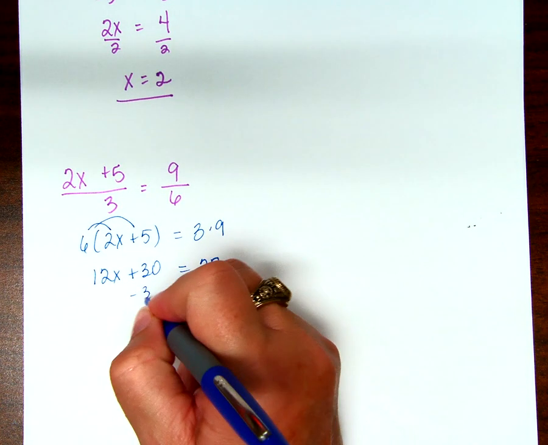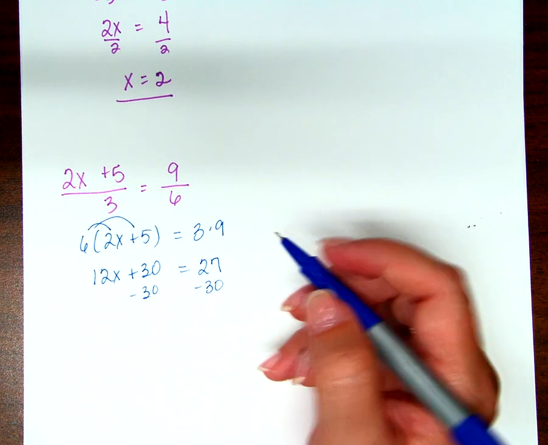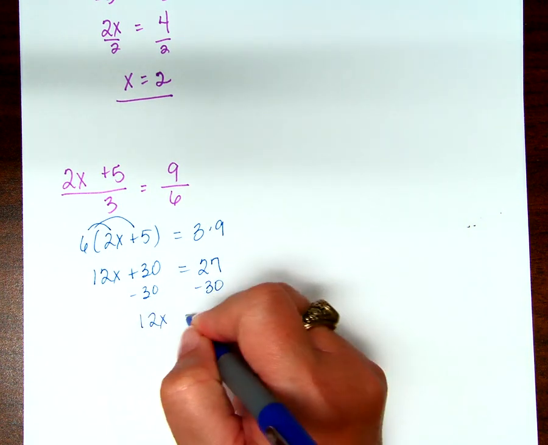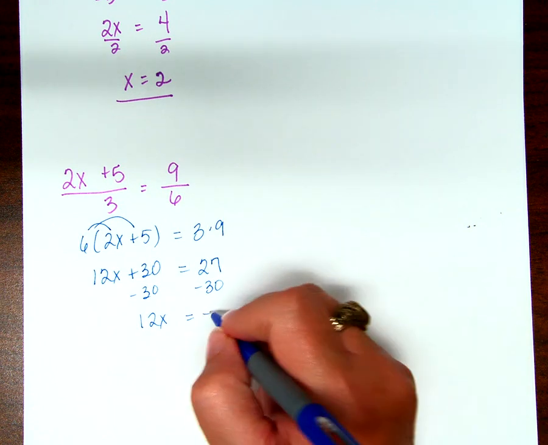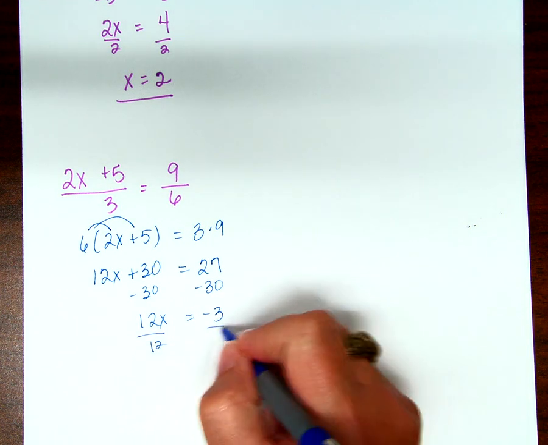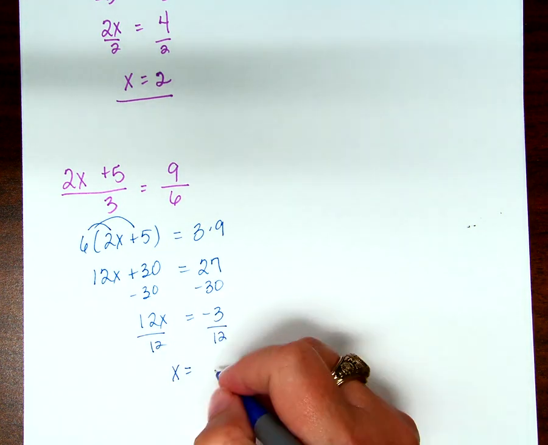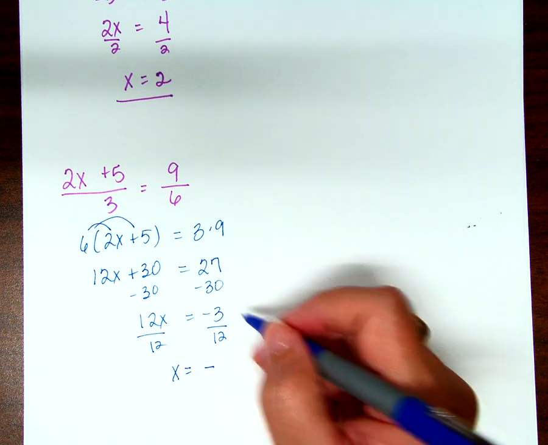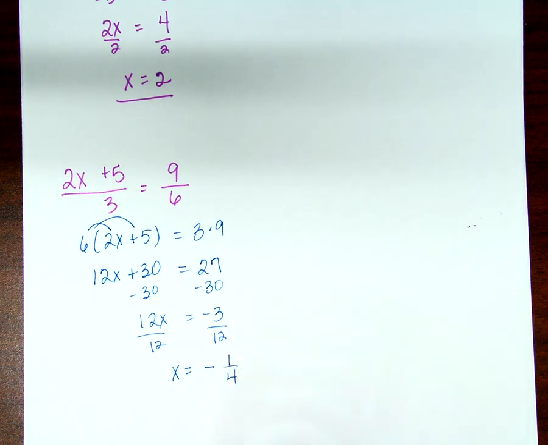Okay, so subtract 30 from both sides. 12x equals -3. And now what? Divide by 12 on both sides. x equals negative. Simplifies, right? Both divisible by 3, so 1/4.